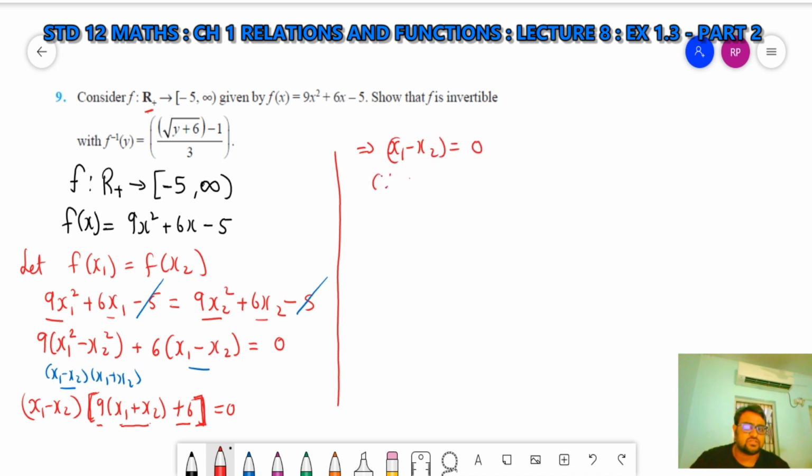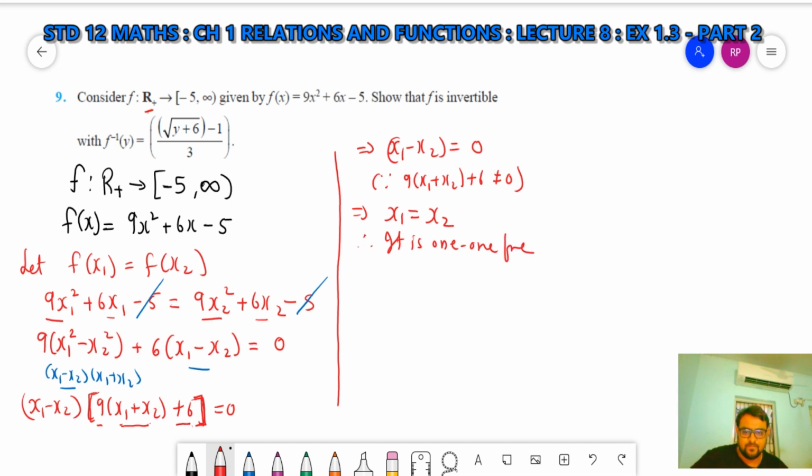In an ordinary case you would write either the first bracket is equal to 0 or the second is equal to 0, but here clearly this is not equal to 0. So x1 = x2. Here we started with f(x1) = f(x2) and we proved x1 = x2. Therefore, it is a one-one function.